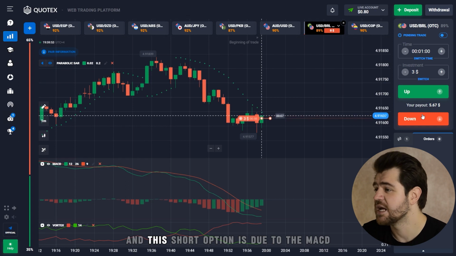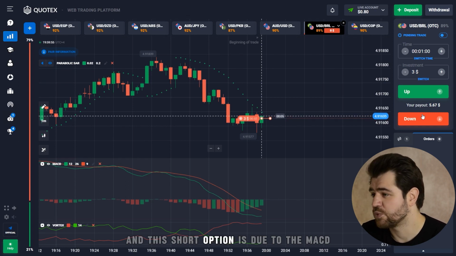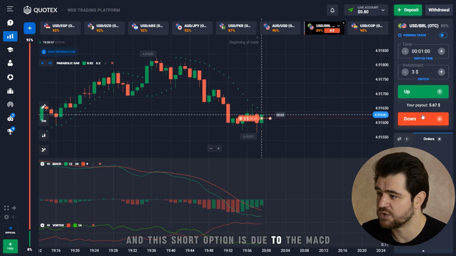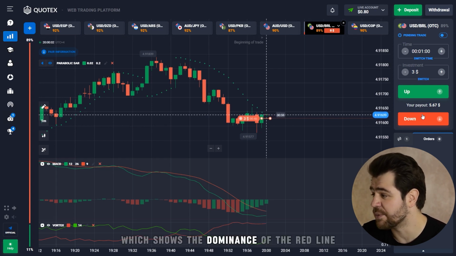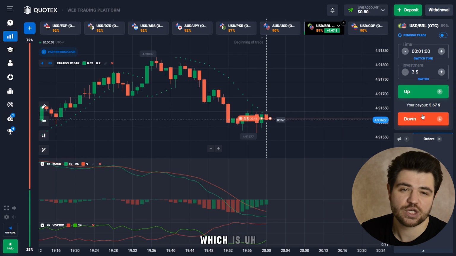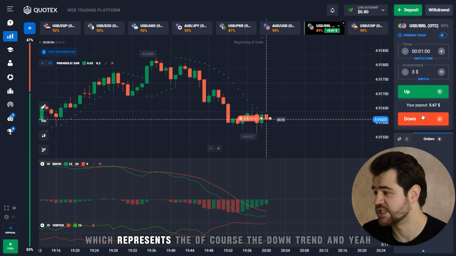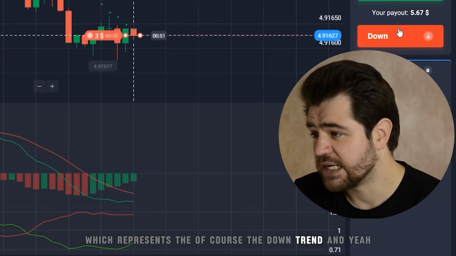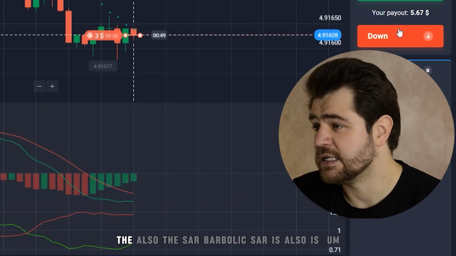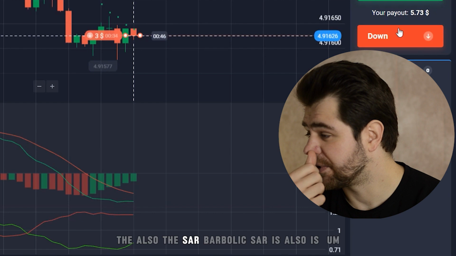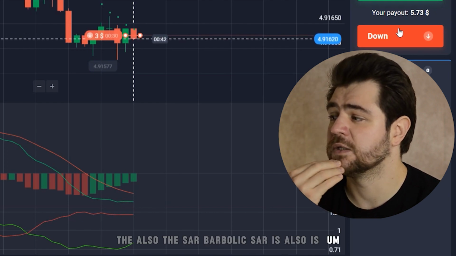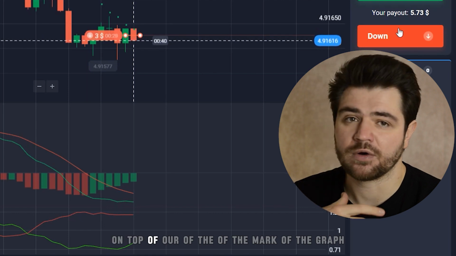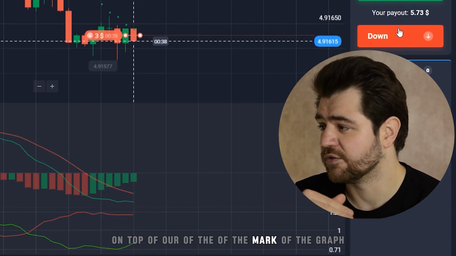And this short option is due to the MACD, is due to the Vortex, which shows the dominance of the red line, which represents, of course, the downtrend. And also the Parabolic SAR is on top of the mark of the graph.